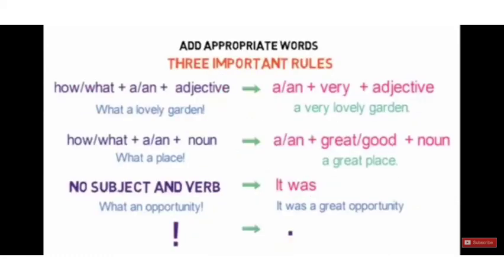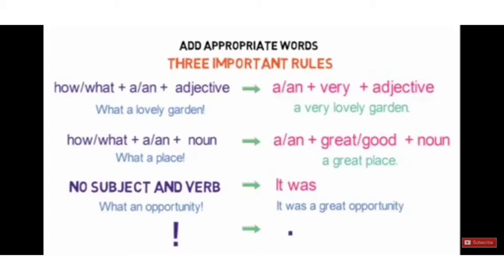We have to learn 3 important rules for the whole sentence in assertive form. If the sentence structure of the reported speech is how or what plus a or an plus adjective, we need to convert it into a or an plus very plus adjective.